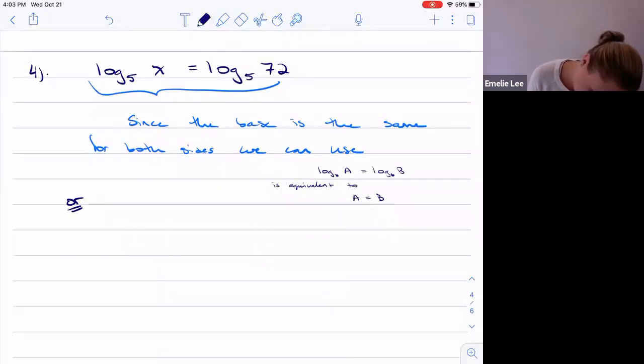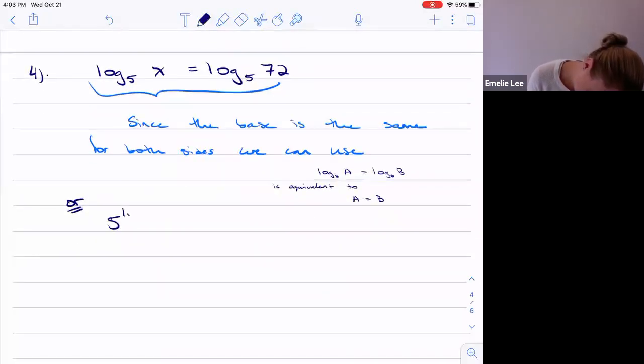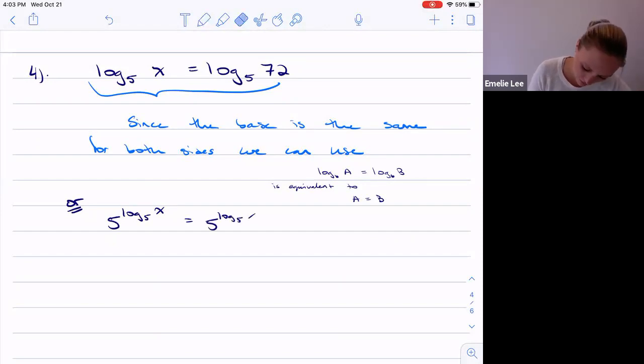Or you could take 5 to the power of log base 5 of x equals 5 to the power of log base 5 of 72.